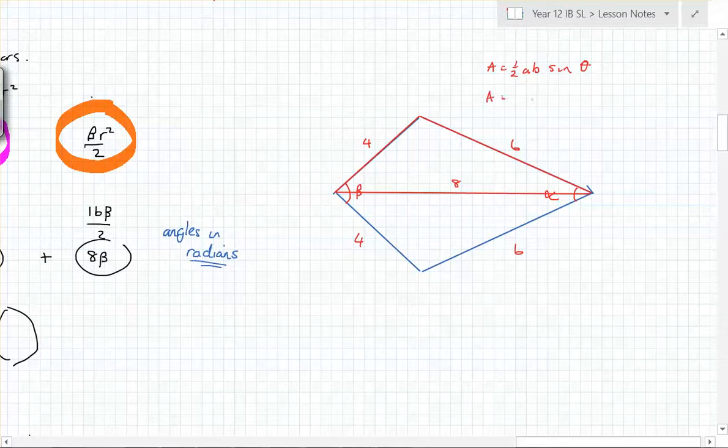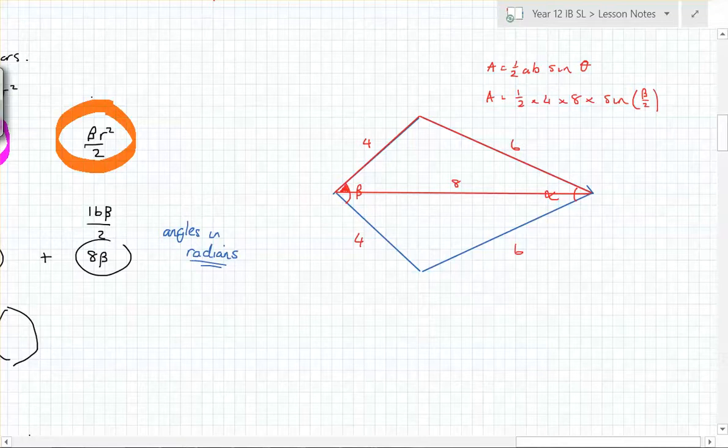My area could be, using this angle, half times 4 times 8 times sine theta. Sorry, it's not even theta. What is the angle that I'm using there? Beta divided by 2. It's only half of beta. So what's the trouble at the moment? I don't know beta and I don't know the area, so I can't solve it.